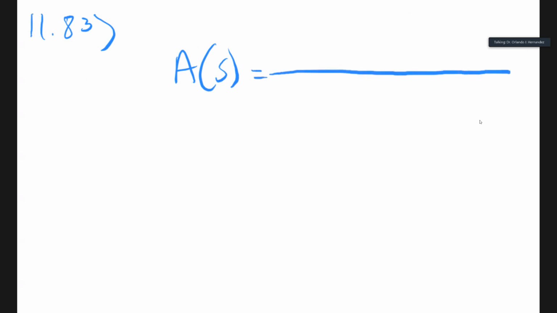So this is 1183, and they give us this expression for A, and this is going to have 3 poles. And there is another couple of poles over here.